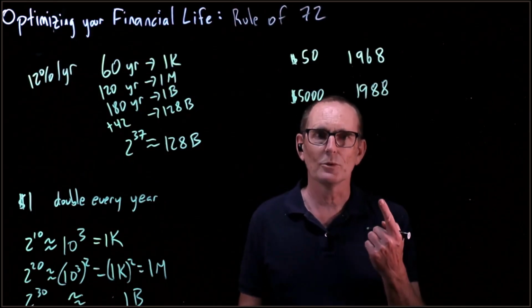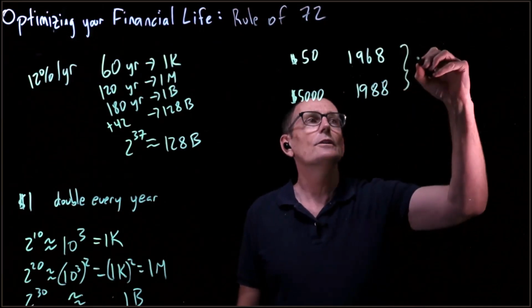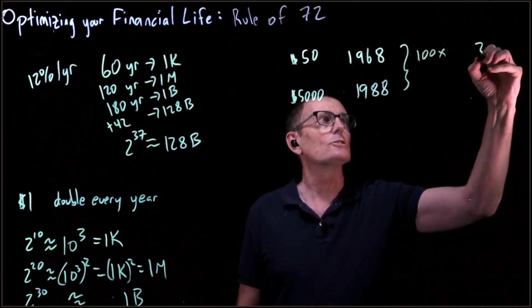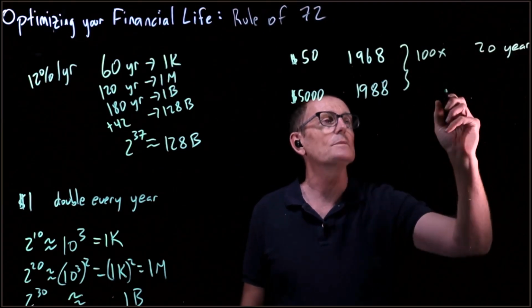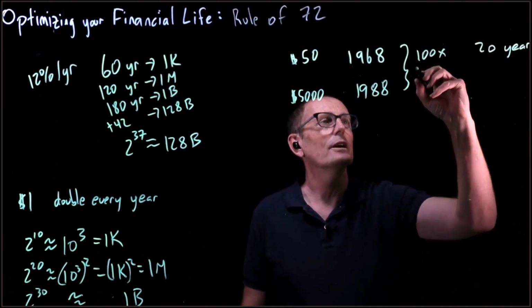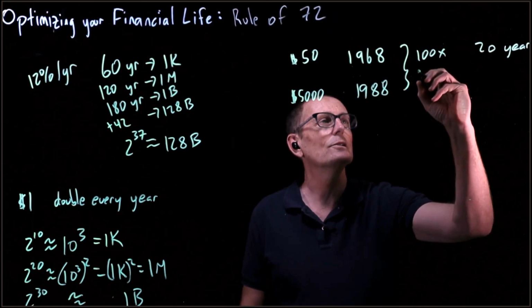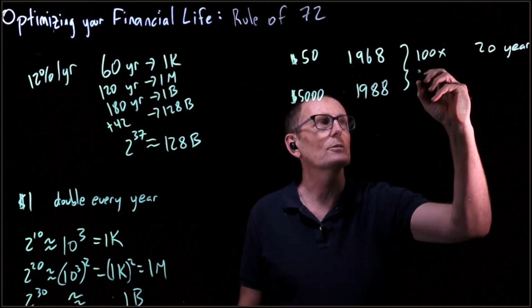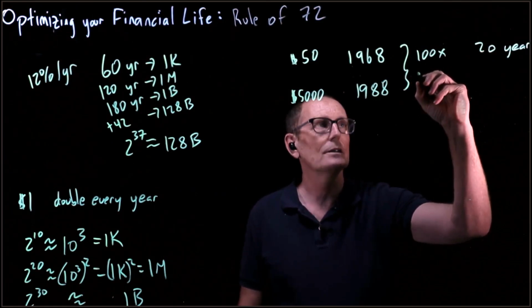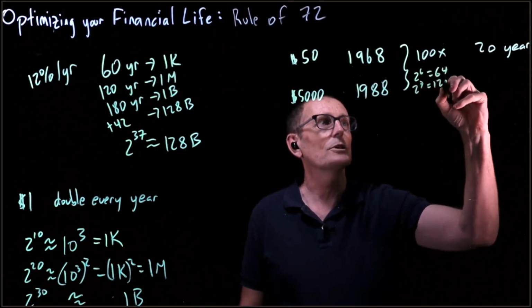So first question, this is a Rule of 72 application. What was the compound growth rate for this? 100 times in 20 years. 100 times is how many doublings? 64 would be 6 doublings. So 2 to the 6th is 64, and 2 to the 7th is 128.